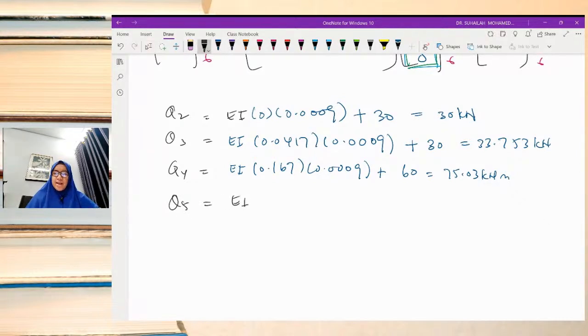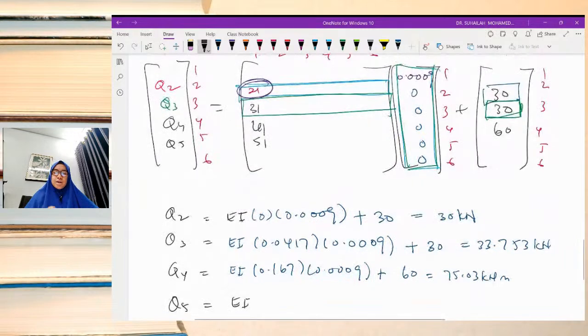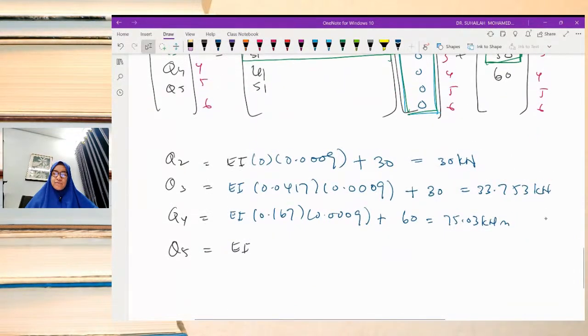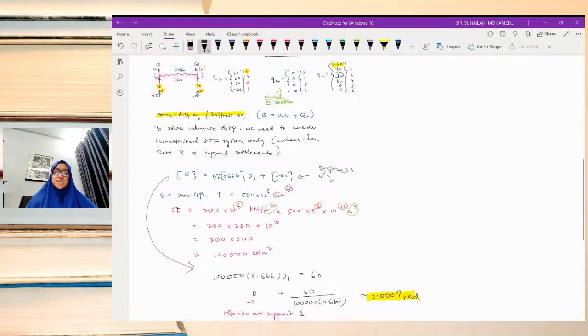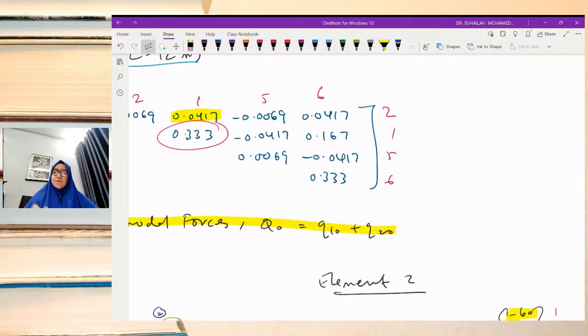Q5 is EI. Okay, the position for Q5 is 5,1. The value for 5,1 is negative 0.0417.